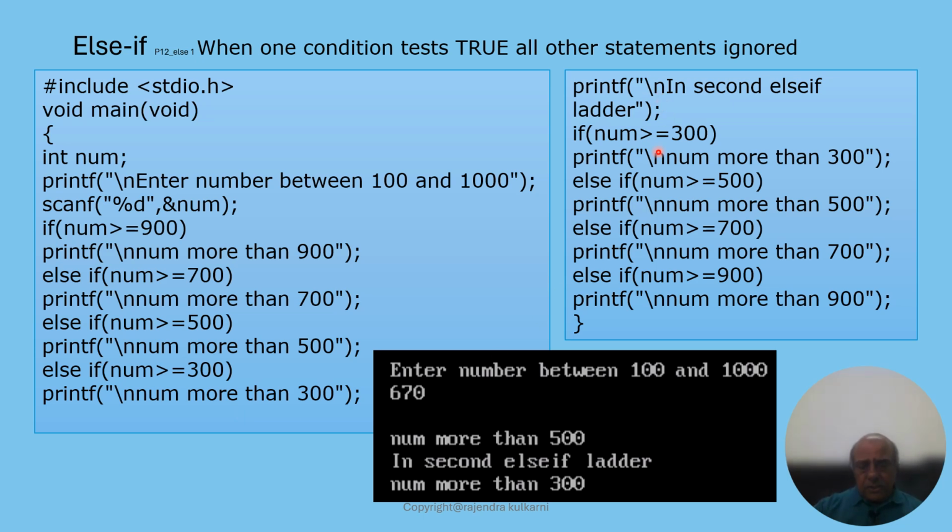We can see here in our second else if ladder, 670 is more than 300, so num more than 300 gets executed, and all other else if statements are ignored because when one condition tests true, all other statements are ignored.